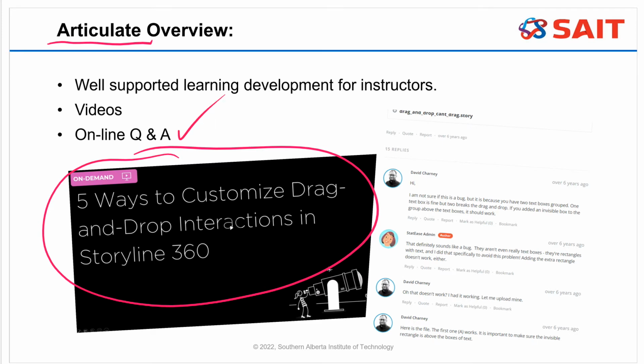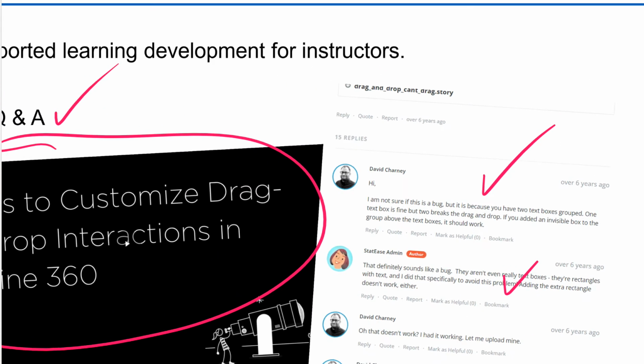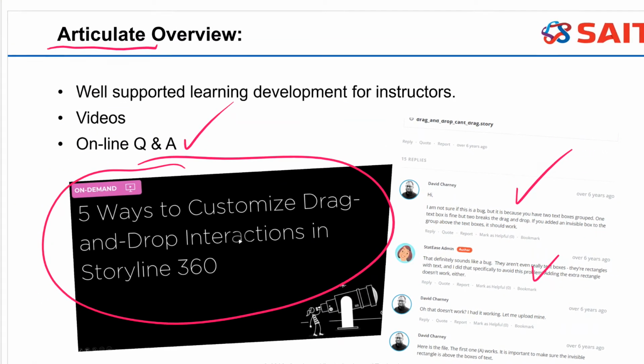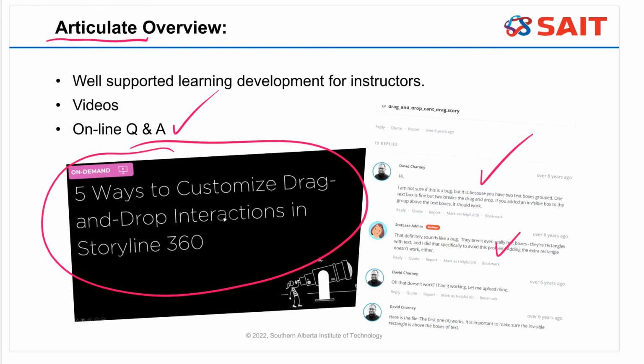And they have this great online kind of Q&A system where you can ask questions and get responses, but a lot of times you can just go onto the web and find the answers to elements you're looking for. I was looking at something for drag and drops to create how you could build certain things, and it was amazing the amount of resources that you could find on the internet very quickly and easily.